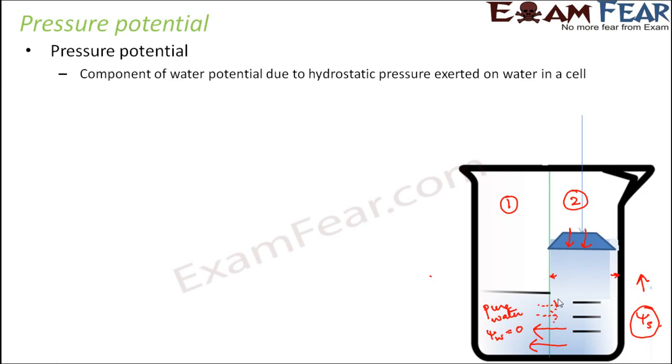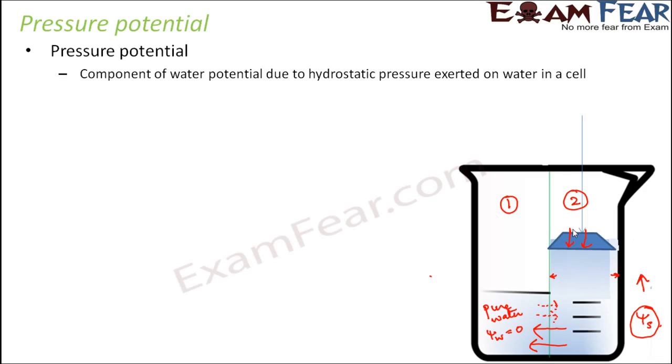It is that component of water potential which is due to the hydrostatic pressure exerted on water in a cell. So this is the hydrostatic pressure, right? The pressure exerted by the water. Why is it exerted? Because of this mechanical pressure. Even when we talk, here we are talking about a beaker. Now let us suppose you have a cell, and too much water enters inside the cell.